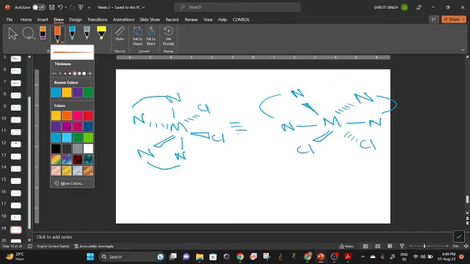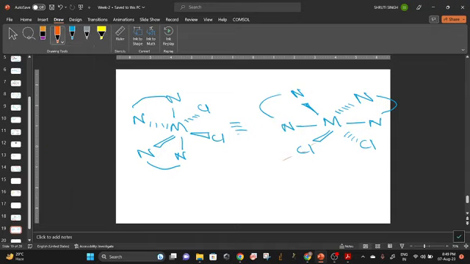It is bisecting the two chlorine atoms and two nitrogen atoms and passing through M. It is bisecting the angle of the two chlorine atoms, that V of chlorine. No, it is bisecting the Cl and Cl bond and passing through M. Yes, now you are right.